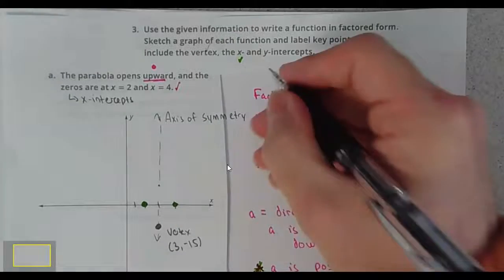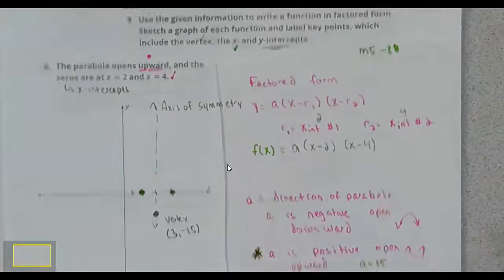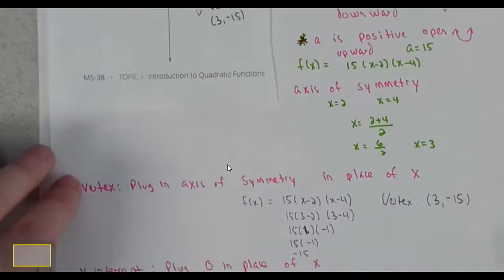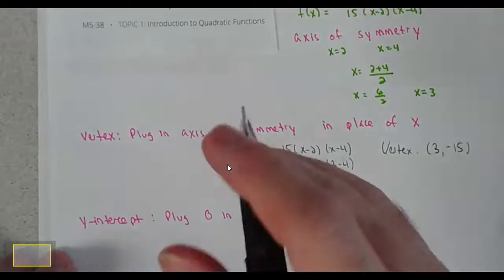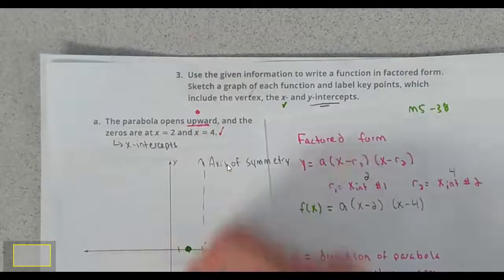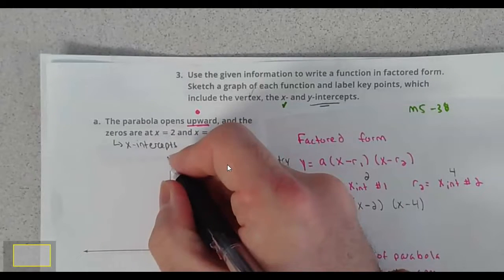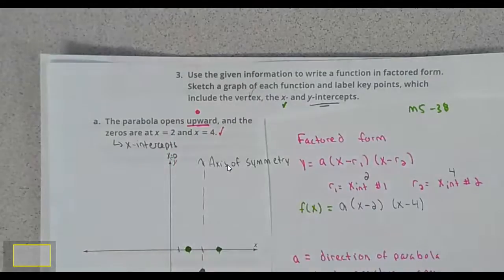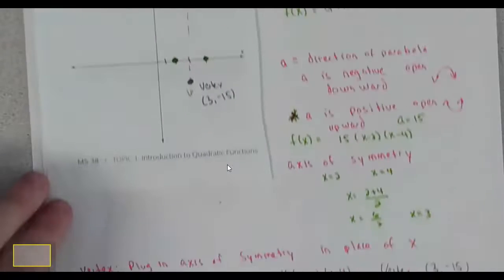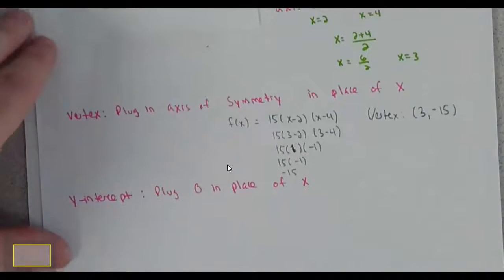Now, I just got to find out what my y-intercept is. If I wanted to find my y-intercept, I know that it's going to be on my y-axis, and my y-axis has an x value of 0. So I'm going to plug 0 into my equation to find out what my y-intercept is.